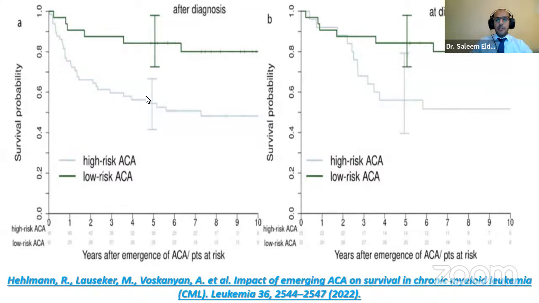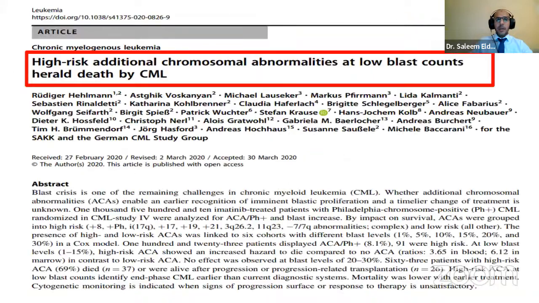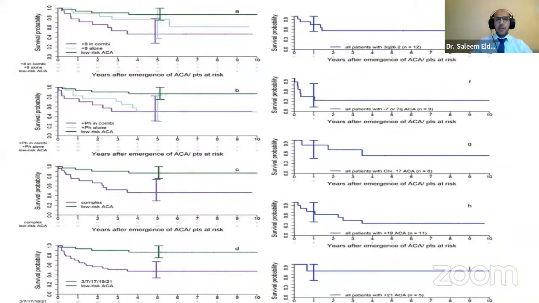As shown in this paper, patients with high-risk additional cytogenetic abnormalities have lower survival probabilities. These high-risk cytogenetic abnormalities include abnormality of chromosome 8, double Philadelphia, and isochromosome 17q. Another paper shows that high-risk additional cytogenetic and chromosomal abnormalities are associated with poor outcome in patients with CML.